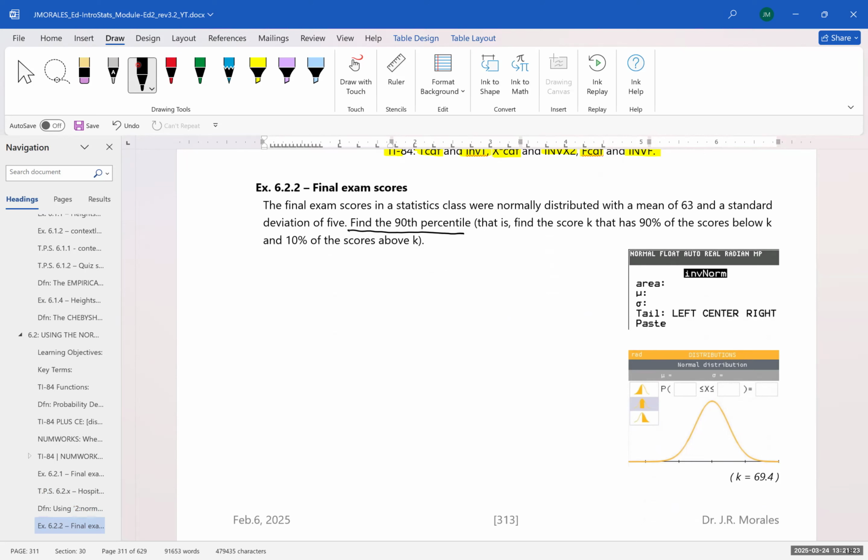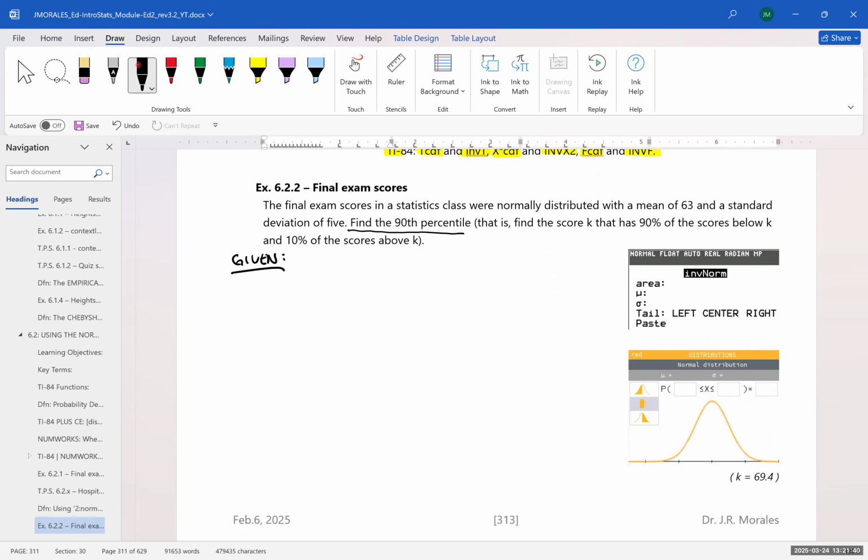All of this may be a little overwhelming, so what do we start with? Always try to start with your given information and draw the distribution. Let's get a visual of what we're working with.